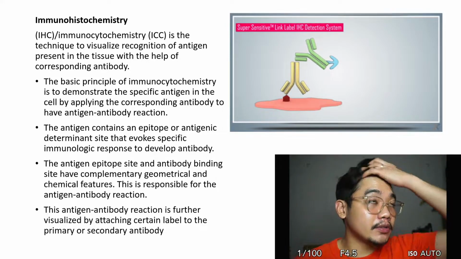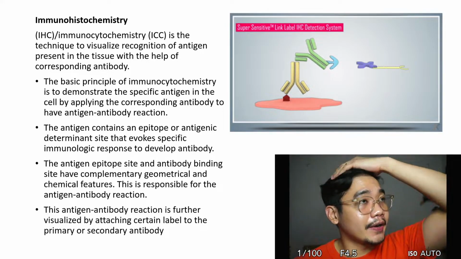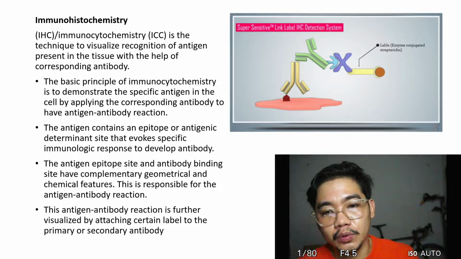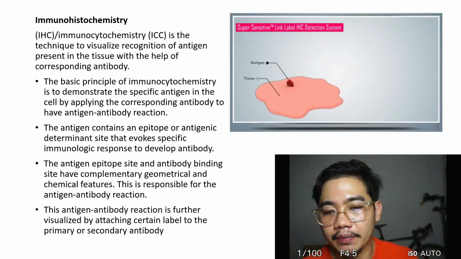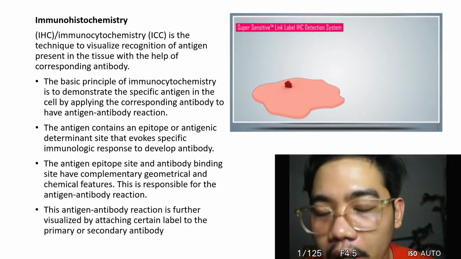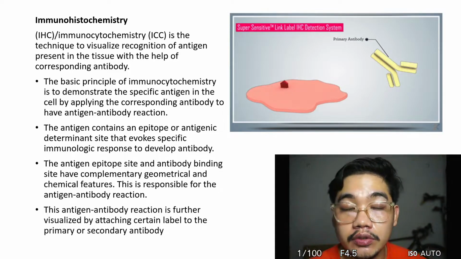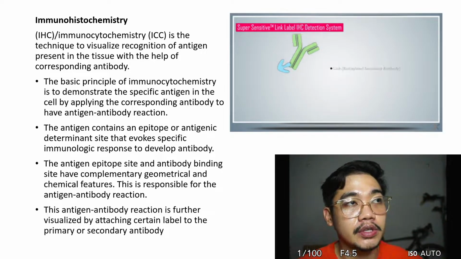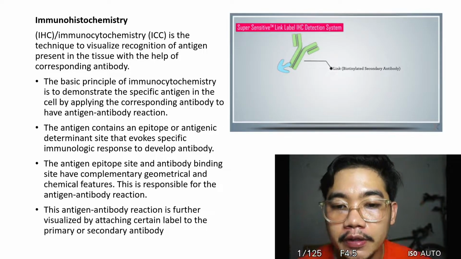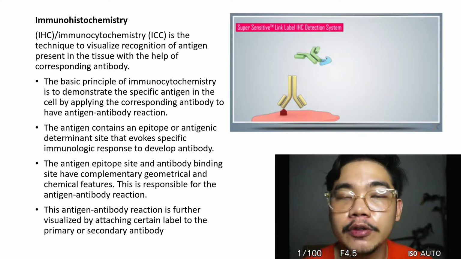So what happens? Why are there many components in our GIF above apart from our primary antibody? Our primary antibody is what I discussed earlier, the one that has been exposed to the tissue. This primary antibody is commercially produced.